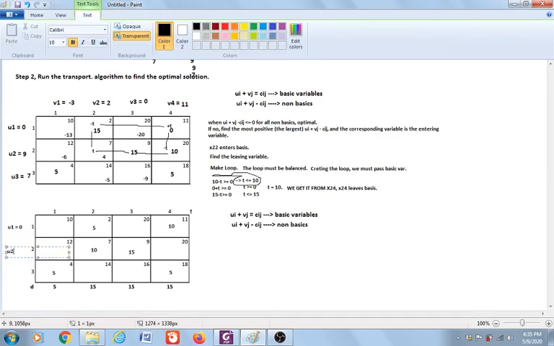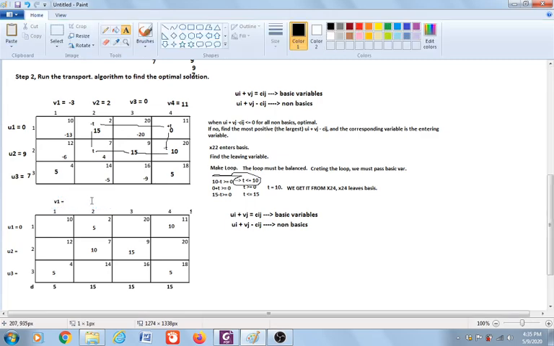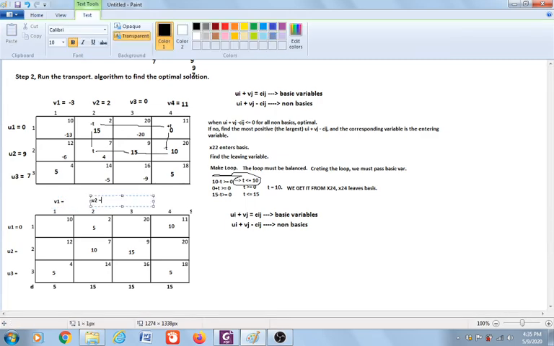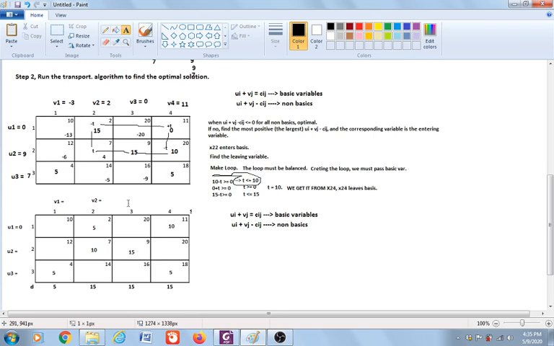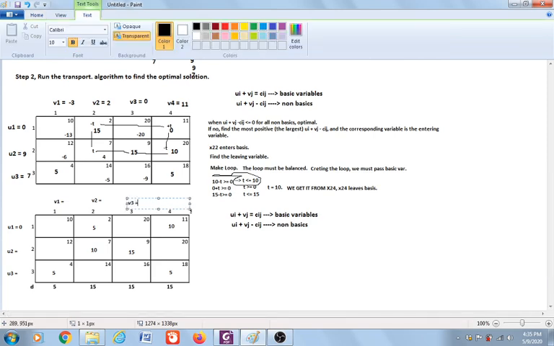It is always 0. u1, u2, u3, v1, v2, v3, and v4.